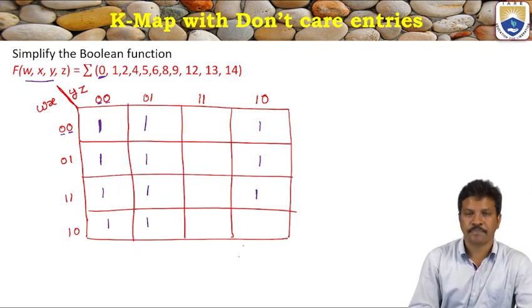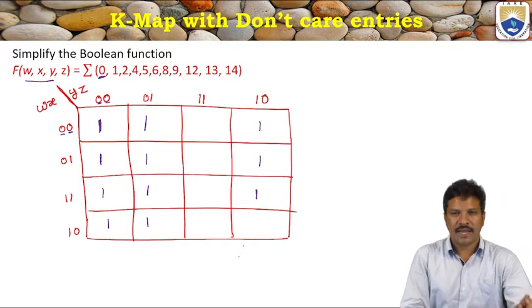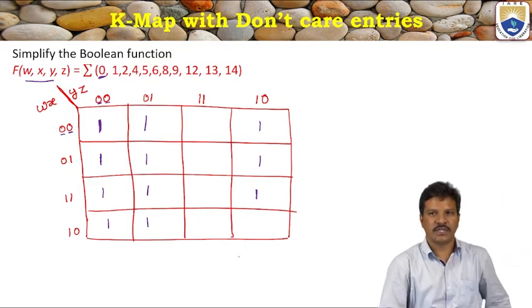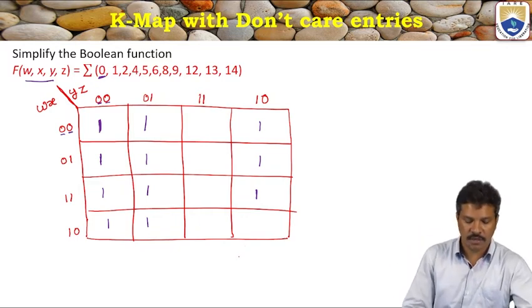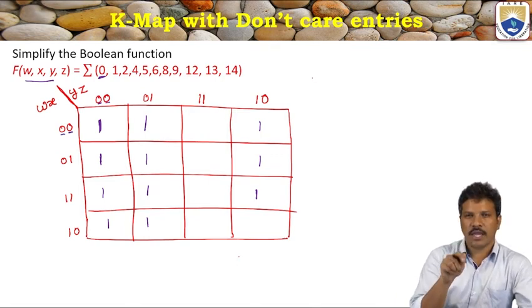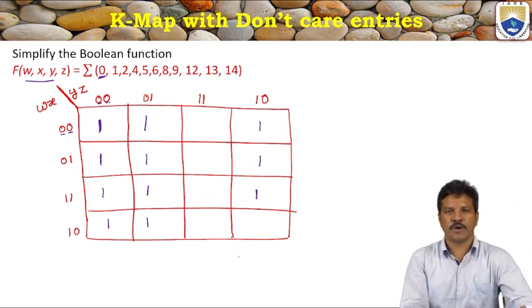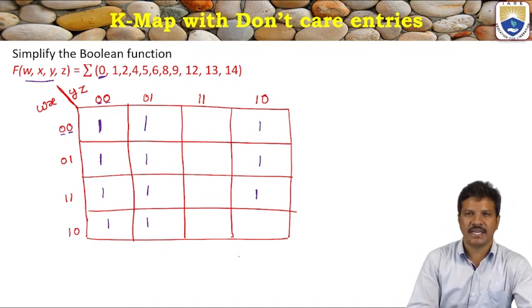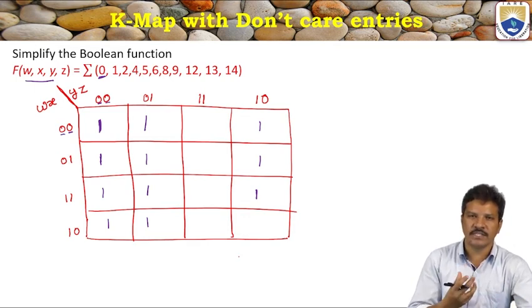So here, by placing these logic ones for the corresponding minterms, the next step is marking the highest possible shape of adjacent ones. Is there any 16 ones, 16 square boxes having ones? No. What is the second highest priority? Having 8 ones.